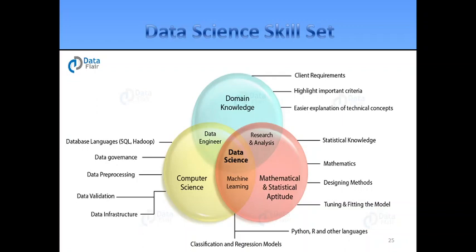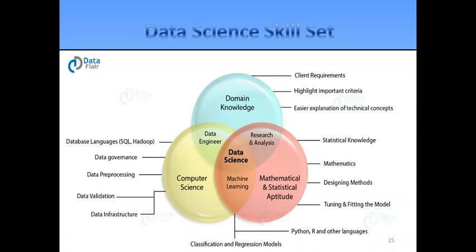What skill set do we need for data science? We divide the data science skill set into three: domain knowledge, mathematical and statistical aptitude, and computer science. In domain knowledge, we need client requirements, highlighting important criteria, easier explorations, and technical concepts.